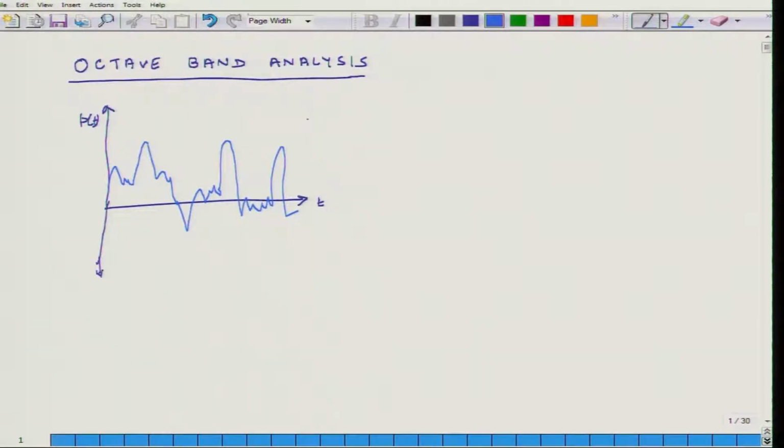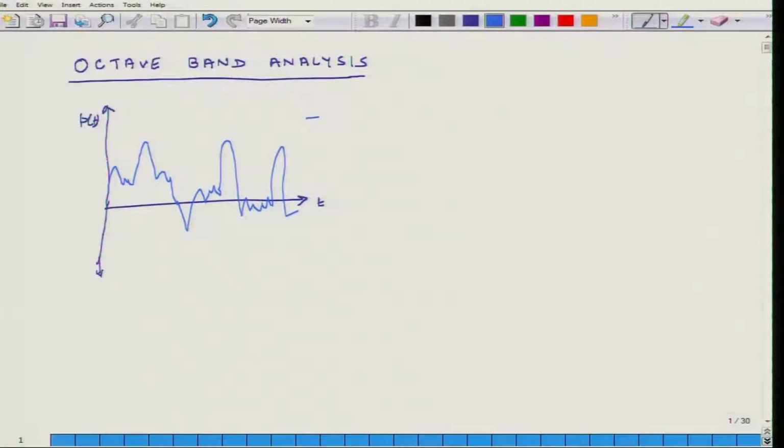Now, if you show this noise signal to industry experts, it does not make a lot of sense because they cannot interpret these data. Essentially you have a large number of points and each point is a plot of pressure against time. So, what do you make of it?